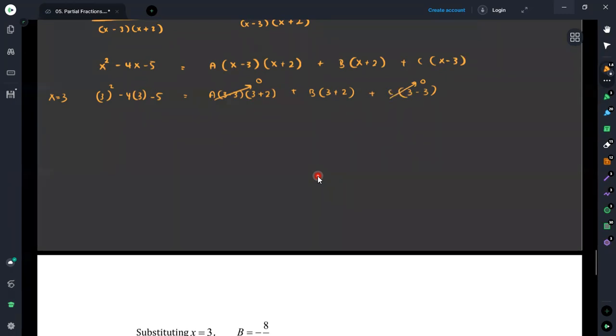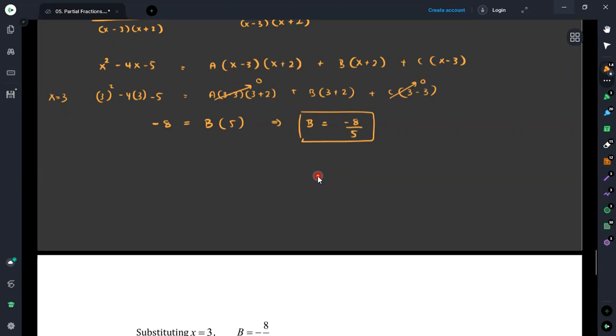Then the left hand side is 3 squared minus 4 times 3 minus 5, which gives minus 8. Then b times 3 plus 2, which is 5, leads to b equals minus 8 over 5.